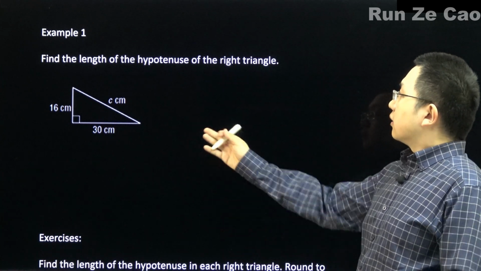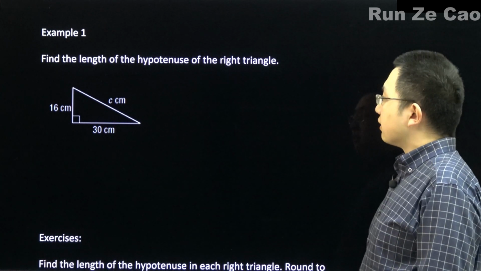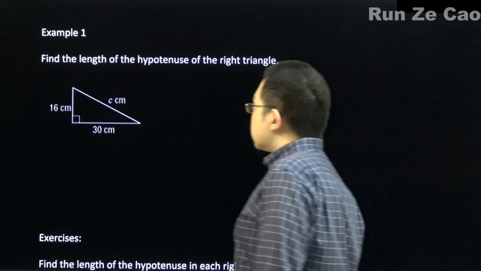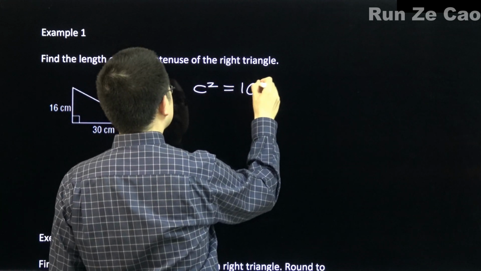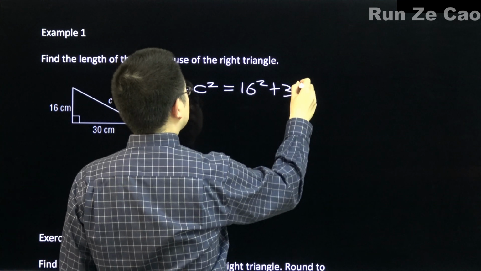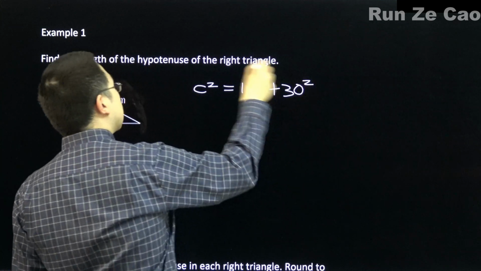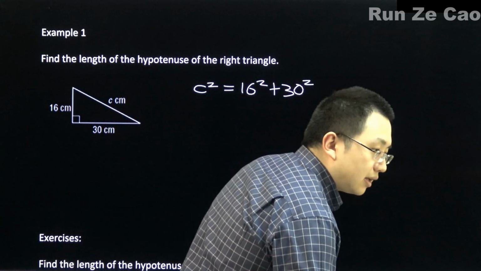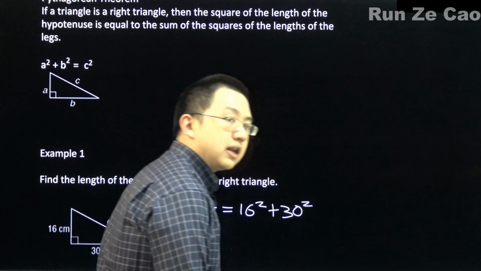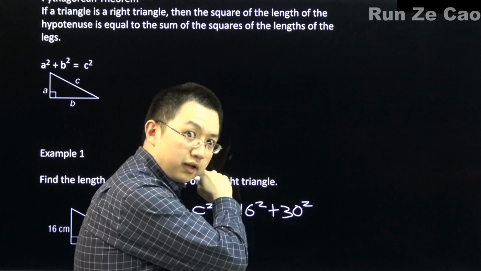For example, here, find the length of the hypotenuse of the right triangle. C squared is equal to 16 squared plus 30 squared. Oh, by the way, this is why you sometimes see the Pythagorean theorem written as c squared equals a squared plus b squared.